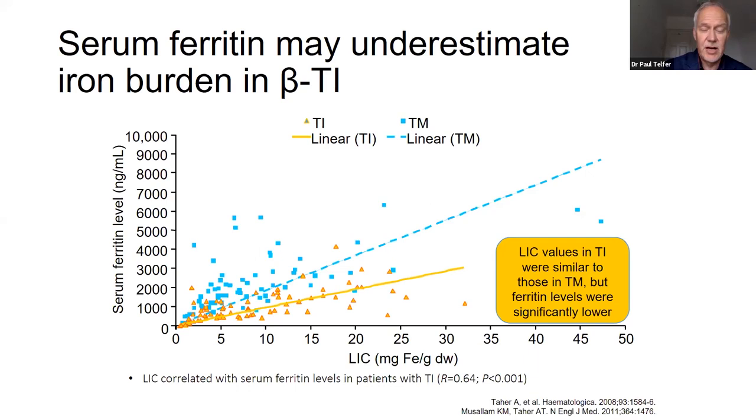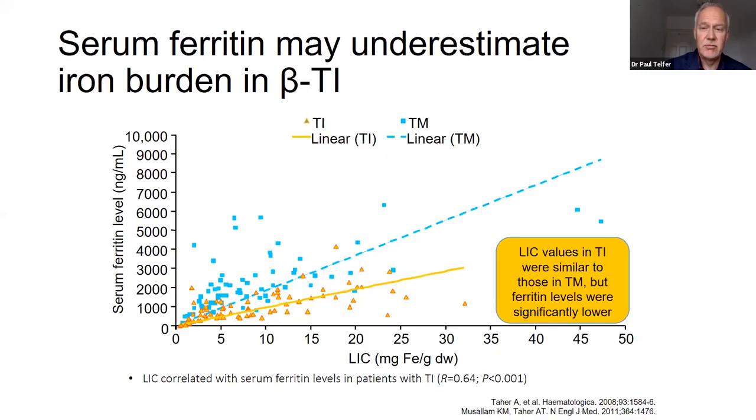And the pathology behind that I won't talk about today, but I'm sure it will be covered in another talk. So the iron accumulates in non-transfusion dependent thalassemia much more slowly, but over the years and decades, it can accumulate to the extent to cause significant damage.